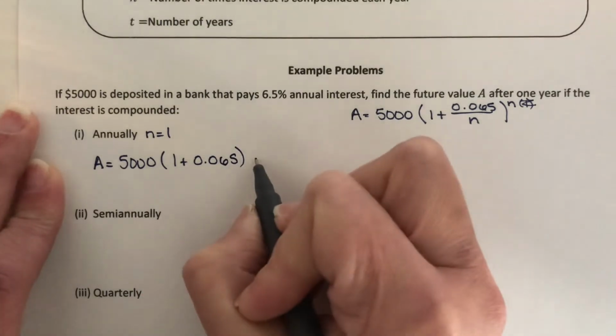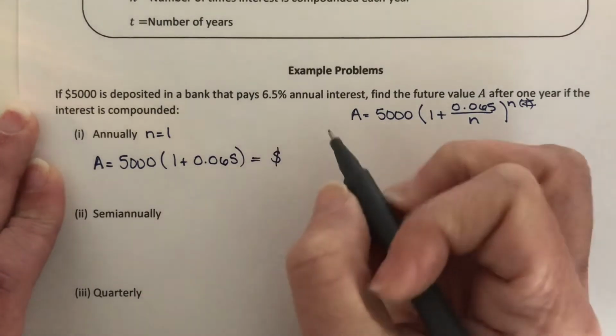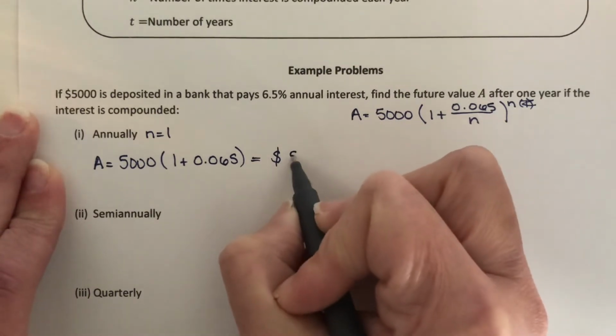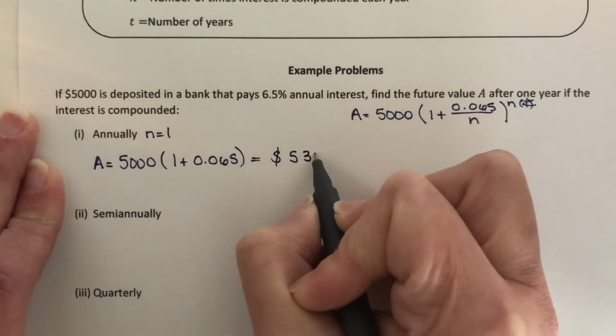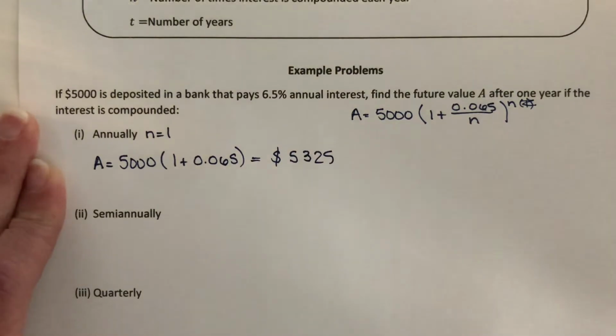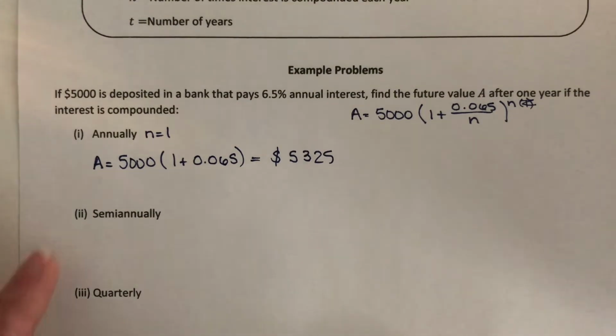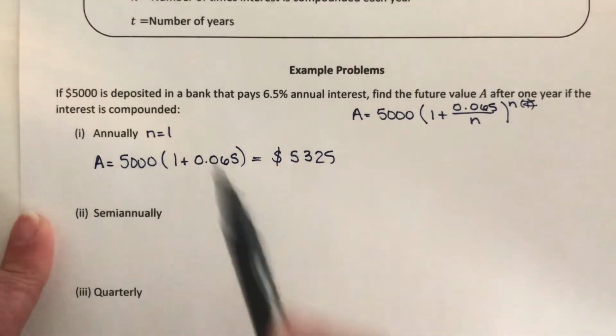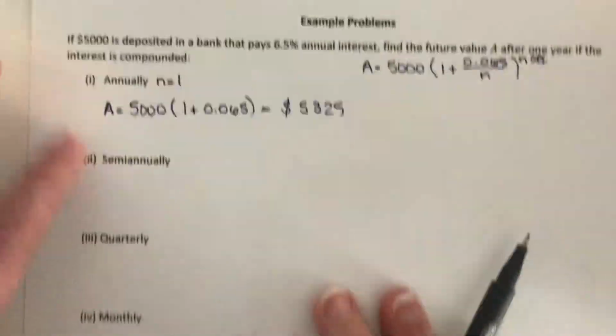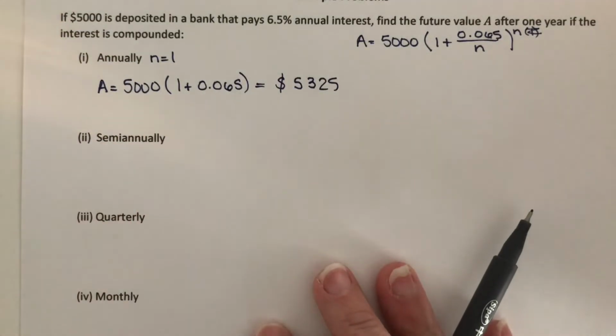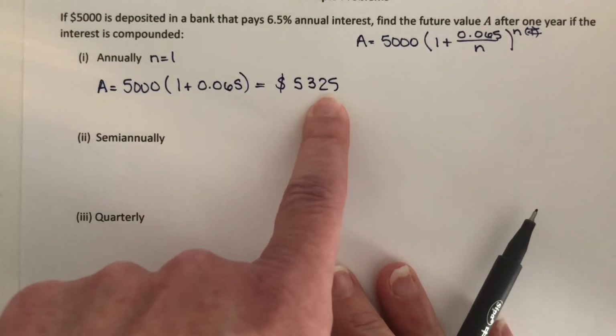And if you do that multiplication, you get an exact answer of $5,325. That's how much that's going to be worth at the end of 1 year. Okay, so all of these increase in order, so I expect every answer I get after this to be more than this.